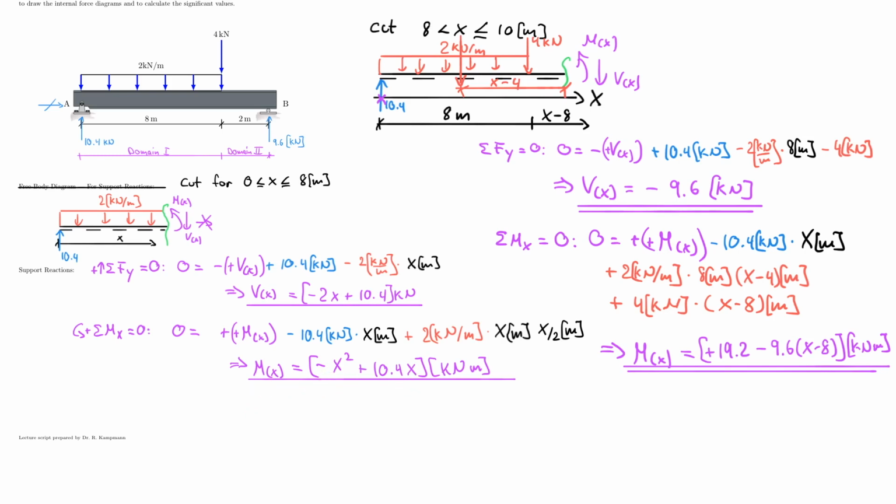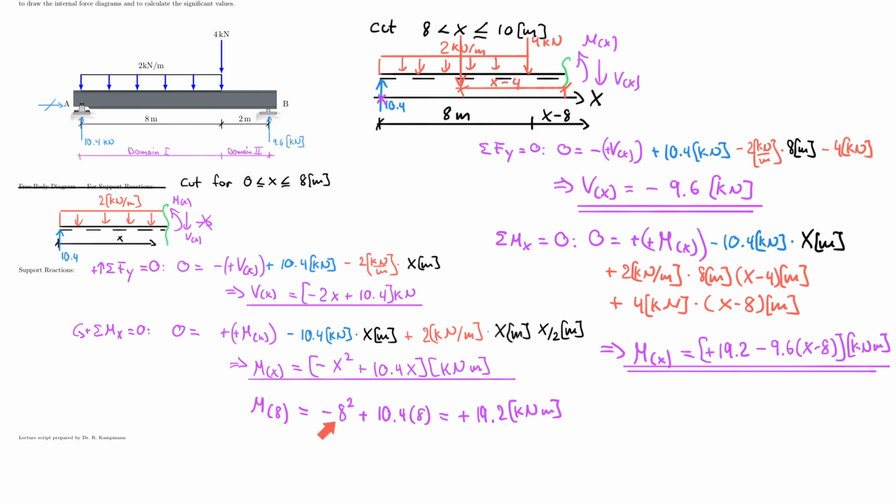And if you were to do this, just an example, so you have m of 8, then you would find that you have minus 8 squared plus 10.4 times 8 would really give you plus 19.2 kilonewton meters. And so you can really use this equation here in terms of x to find the moment at any point from 0 to 8 for domain 1 essentially.